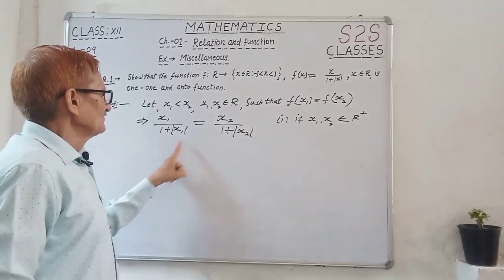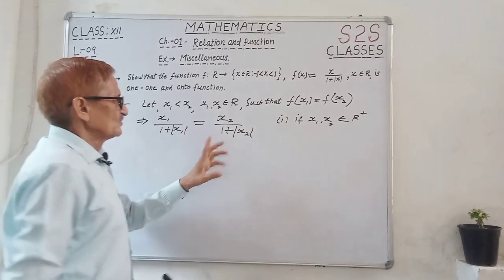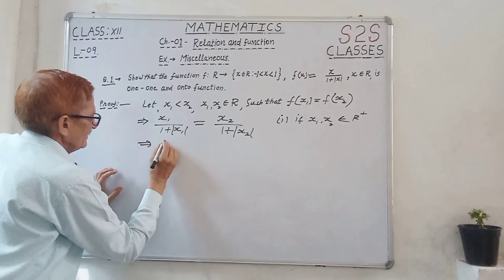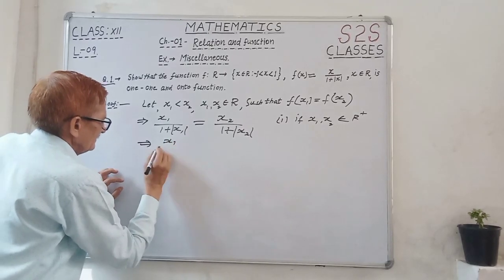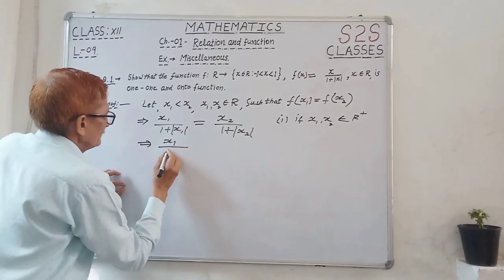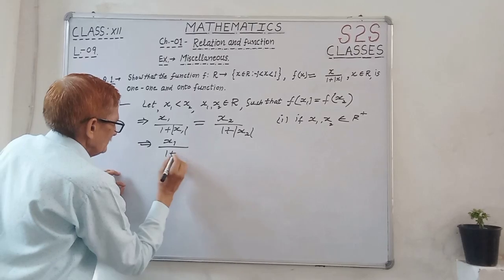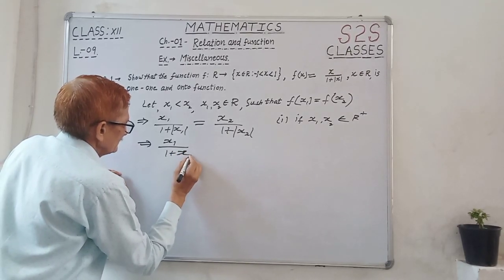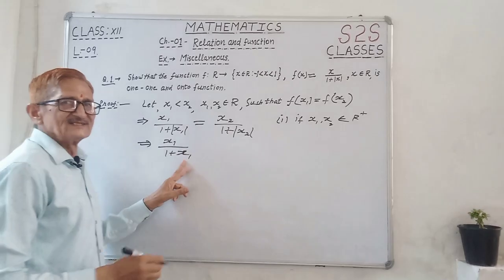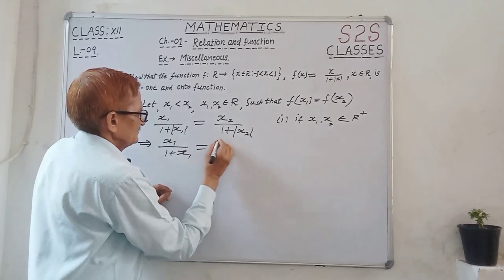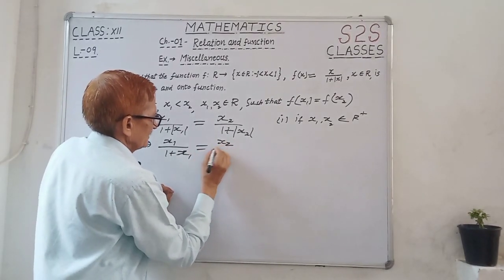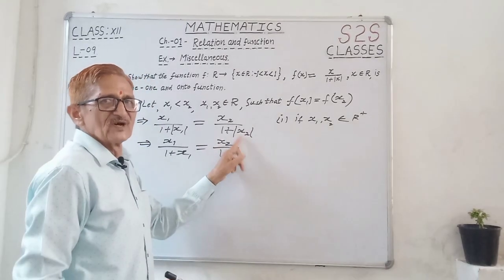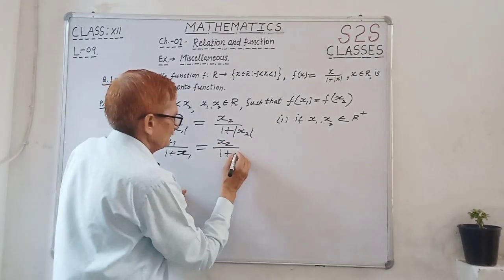So x1 modulus of a positive real number is as it is, equal to x2 upon 1 plus modulus of a positive real number, as it is.